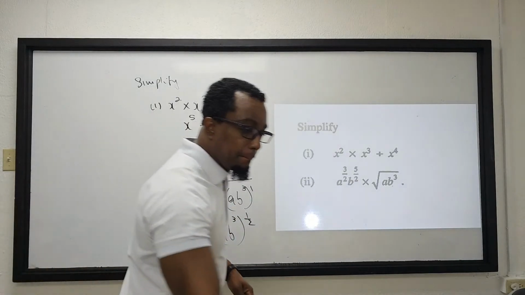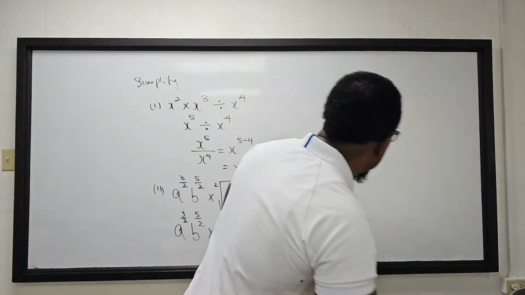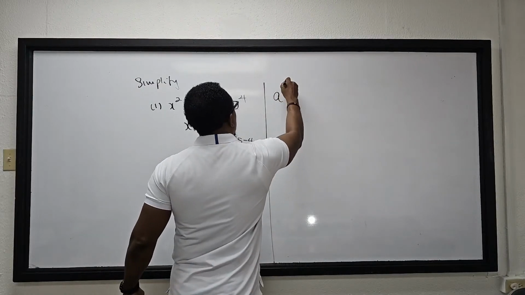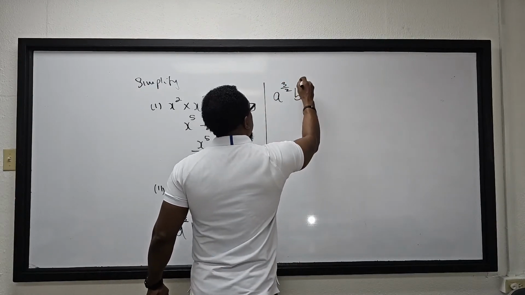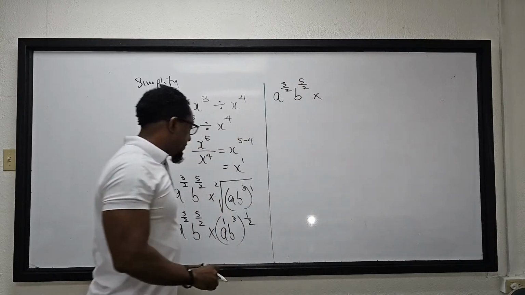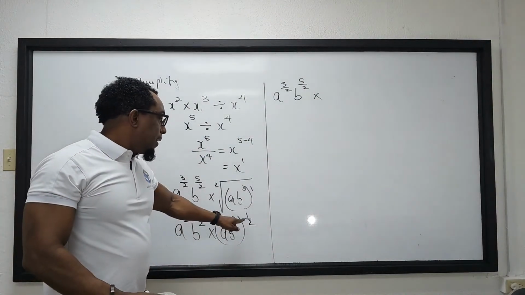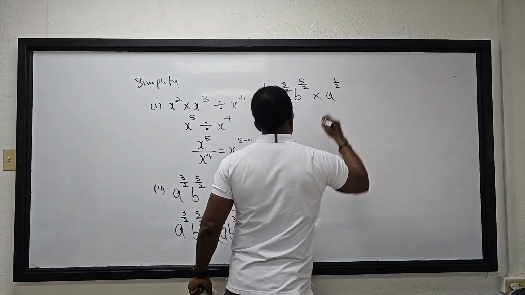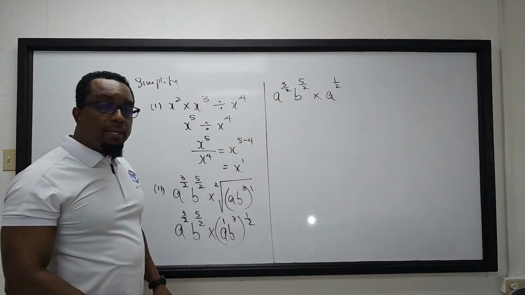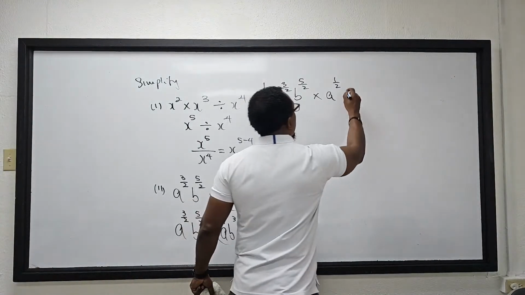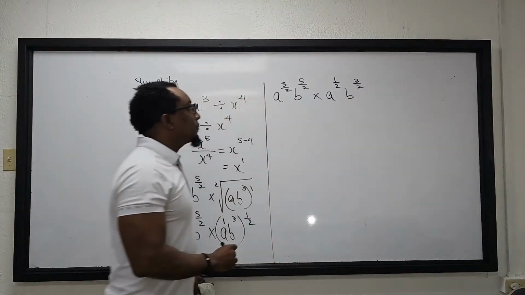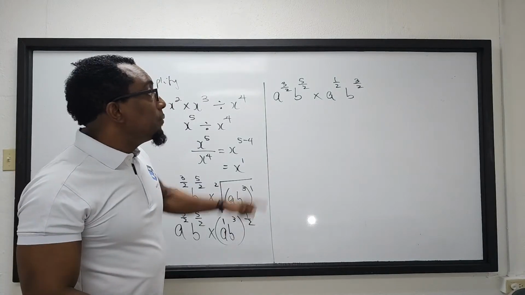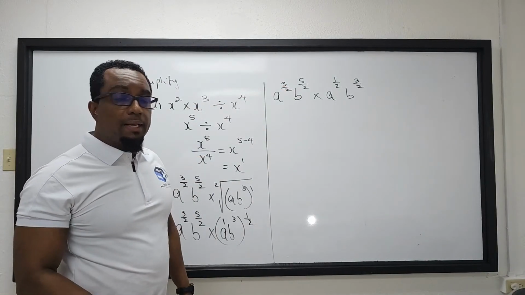So this will become a to the power of 3 over 2, b to the power of 5 over 2 times, when we apply power to a power, a half by 1 is a half, so this is a to the power of a half, and a half by 3 becomes 3 over 2, b to the power of 3 over 2. So this is me converting the square root of ab cubed into that form, fractional index.